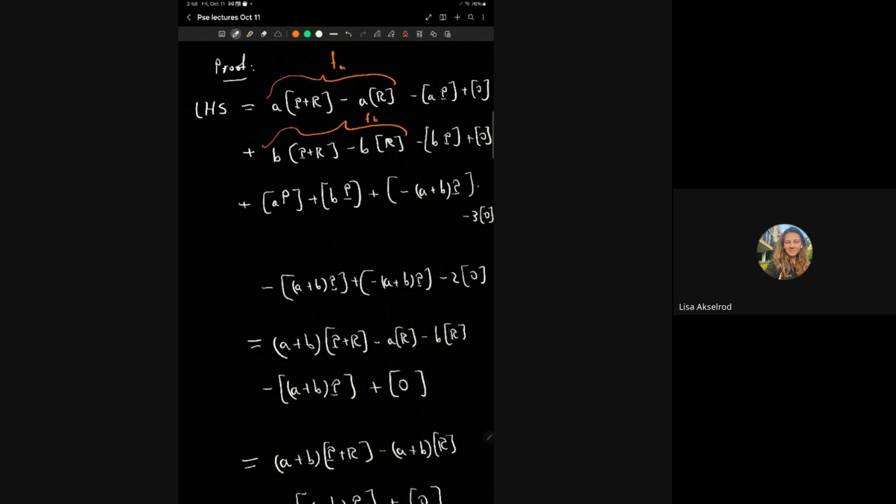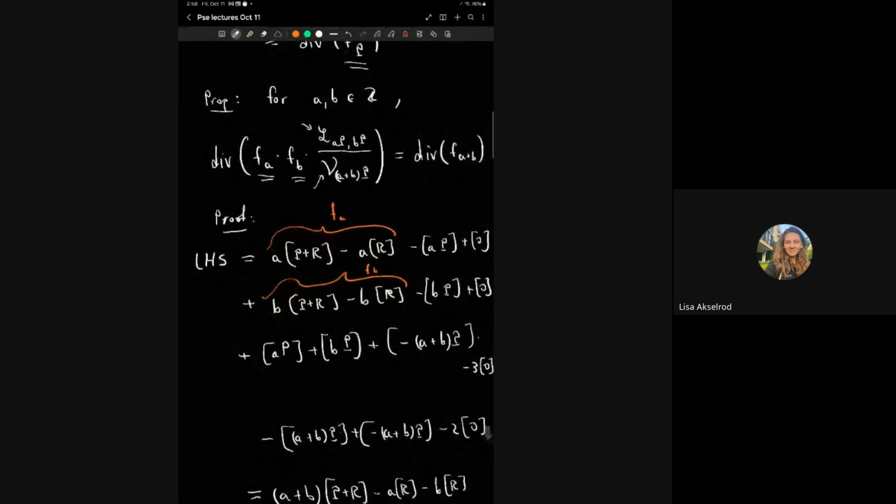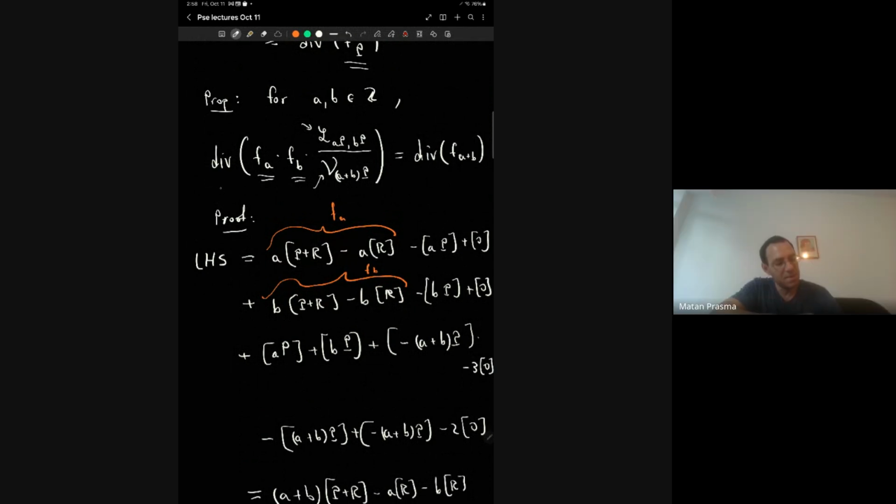By left-hand side, you meant what is on the left in the formula, right? Yeah. I mean, I start from the left-hand side because that's the thing I need to really rearrange.